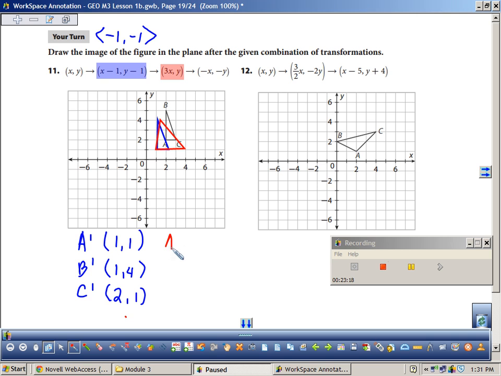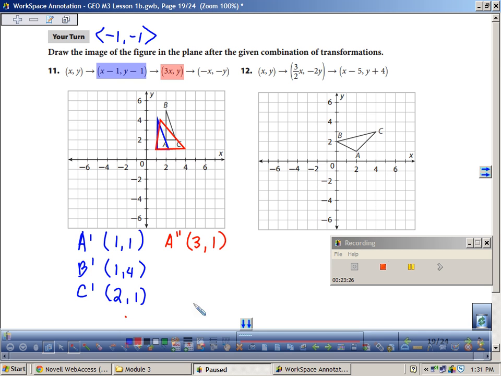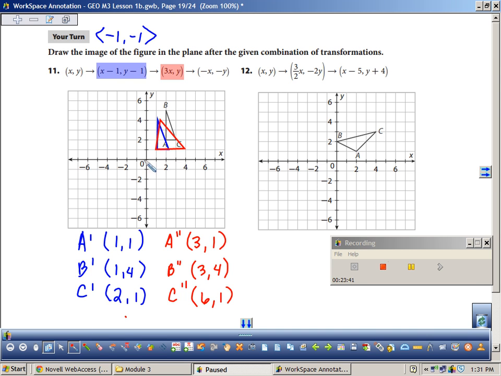If I multiply x by 3, what happens? I get what? 3, 1. Correct? And B? 3, 4. And C? 6, 1. Okay, so where would that be? Over 3 up 1. So my shape should be right here.